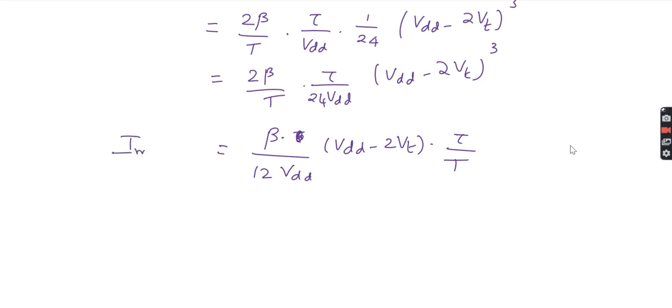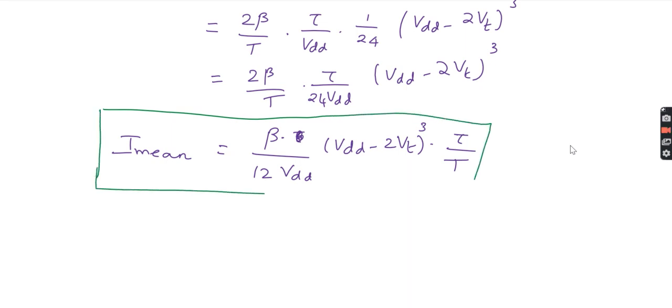So this will be beta by 12 VDD into VDD minus 2 VT the whole cube. This will be your expression, the fifth expression. I can take it as the fifth or sixth expression.